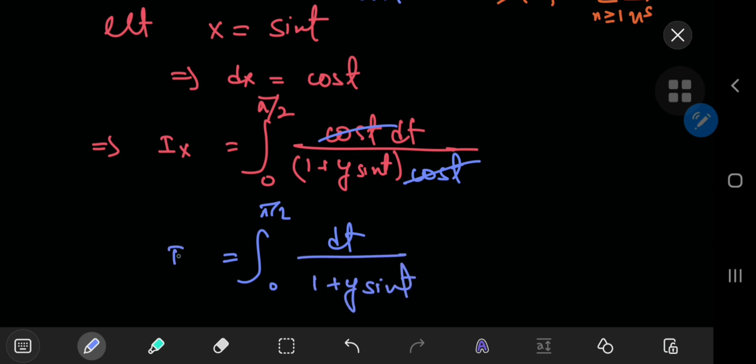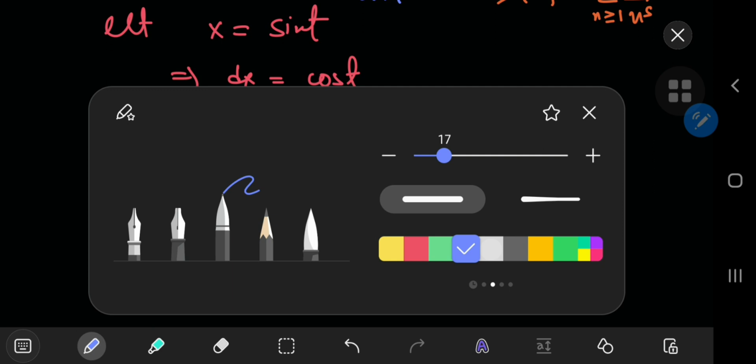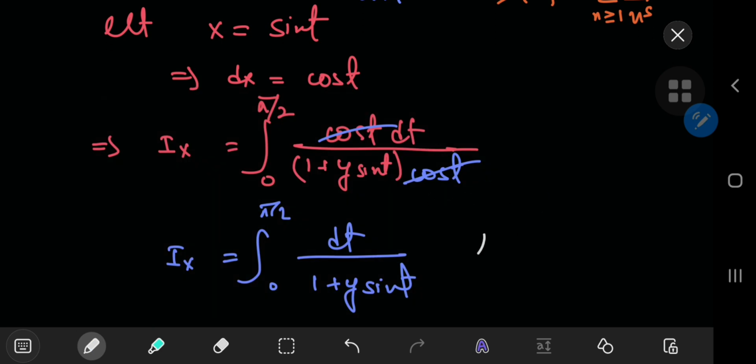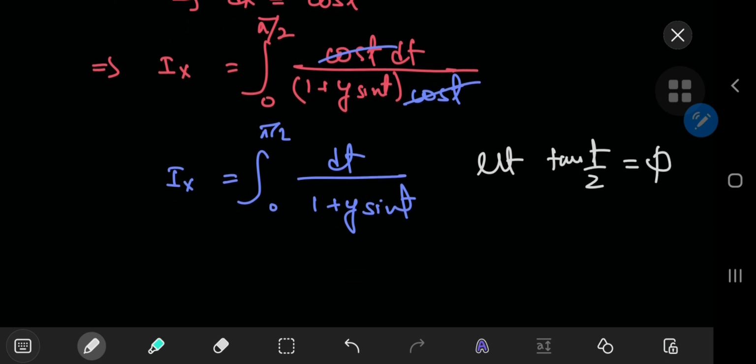Now, the integral that we have here can be evaluated quite easily using the Weierstrass substitution. So let me first pick a different color, and let's perform that substitution where we let the tangent of t by 2 equal phi. And we know that this implies a lot of stuff, right? It implies that the sine of t will become 2 times phi divided by 1 plus phi squared.